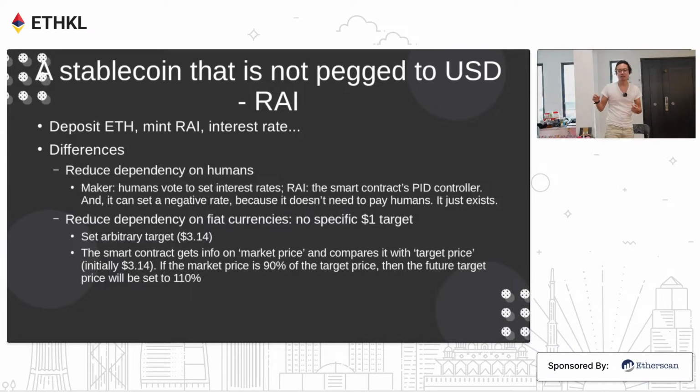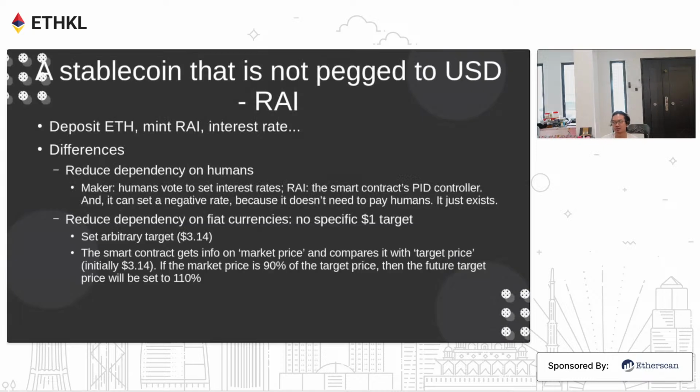Yes, so if outside people are buying and selling it for let's say $2.8, then I will set my target price to $3.3, and the interest rates are calculated from that. So that is right, and that is the end of my presentation, apparently.